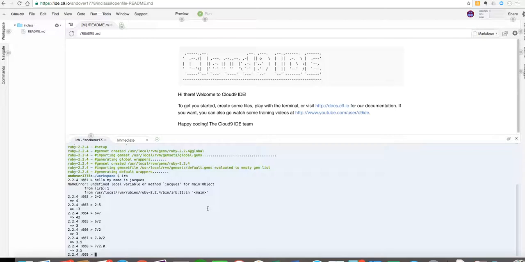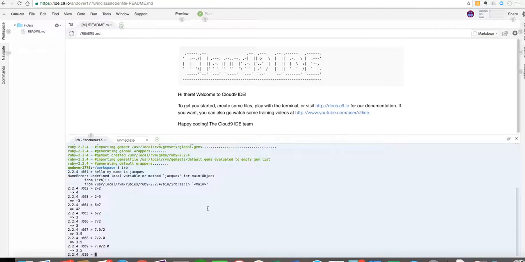And as Blake suggested, if you do both, then you will get the same idea. 7.0 divided, that's float by float. So integer divided by integer will give you an integer. And then whether you have an integer or a float divided by a float or an integer, as long as one of them is a float, you will get a float.